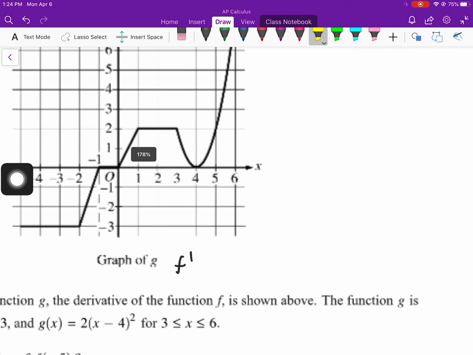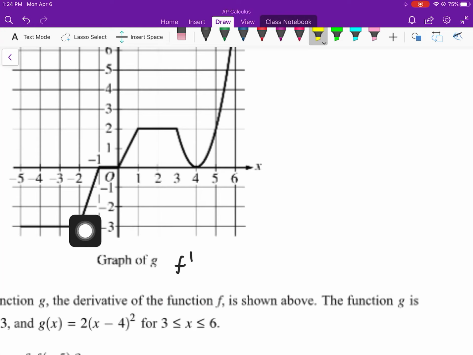So right here, we're really looking, and it's going right here. So we don't have any concavity here because we're not increasing or decreasing. Right here we're increasing, but this isn't really changing from increasing to decreasing at the spot, because it's increasing and then it's 0 again, then it's increasing and it's 0 again.